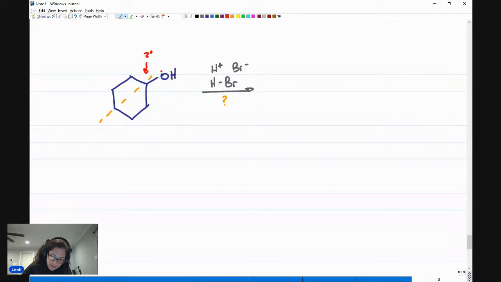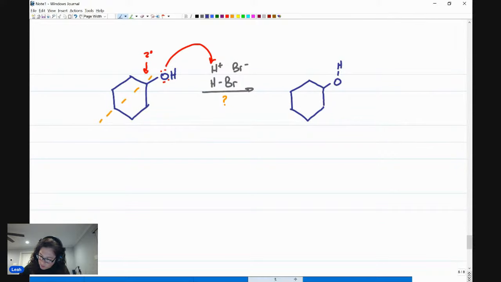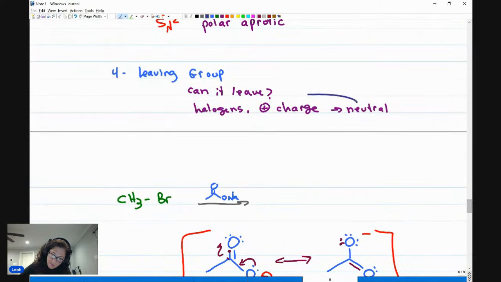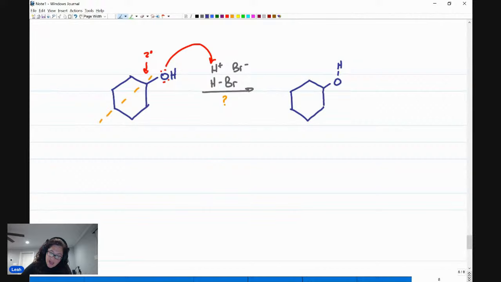One way to bribe a leaving group is to protonate it. The oxygen will reach for that proton. And now, when I have an OH2 plus on the molecule, remember when I talked about leaving groups, I said that positive charge going to neutral is something we're looking for. If I have an OH2 plus, that's a positive charge.